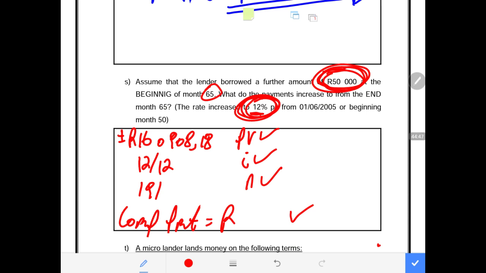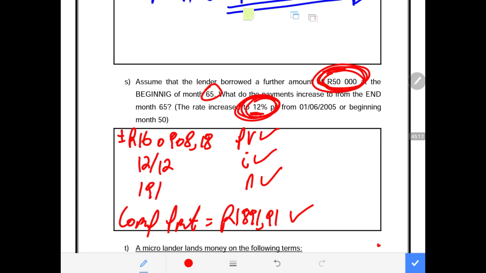So let us say 160,908 rand 18 cents is our present value. 12 divided by 12 is the interest. 191 is our N. We're calculating our PMT, and our PMT is 1,891 rand 91 cents.